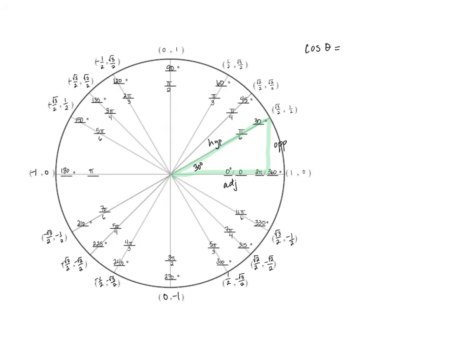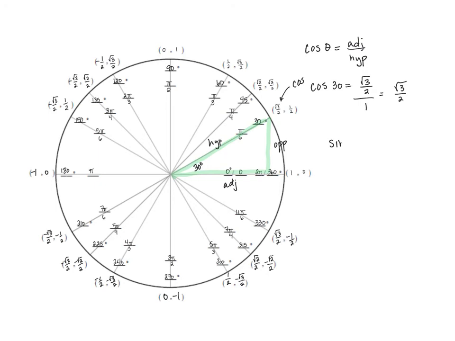So the cosine of theta is found by the adjacent side over the hypotenuse. So we know in this particular triangle, the adjacent side is the x value, so that's square root of 3 over 2. So the cosine of 30 is square root of 3 over 2 over the hypotenuse, which is just 1. So that just equals the square root of 3 over 2. So what we find is that all of our x values are the cosine.